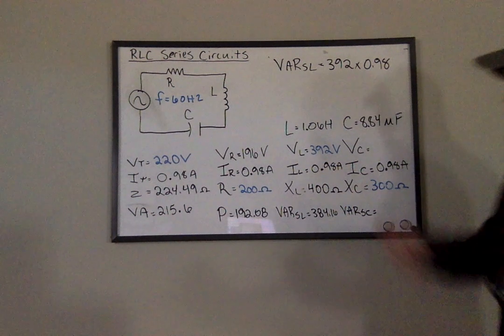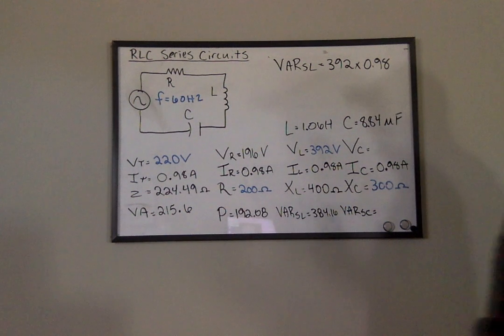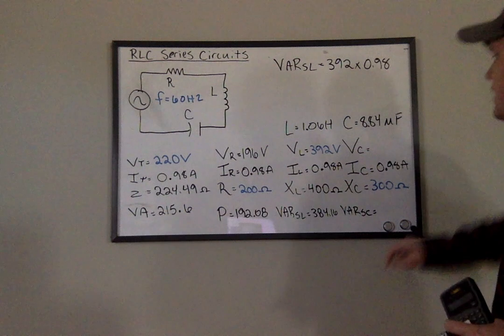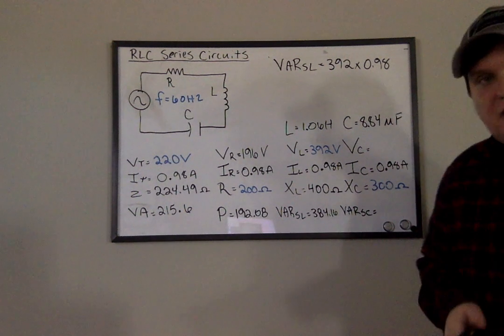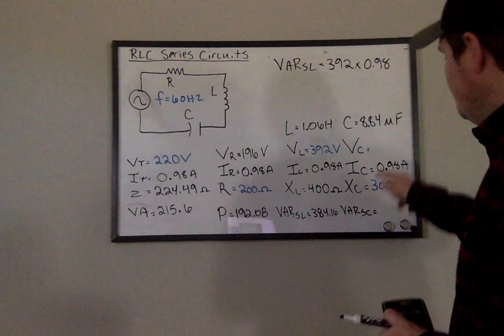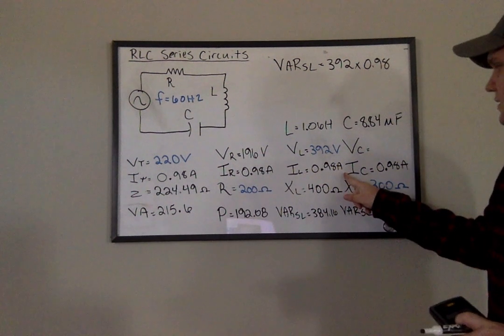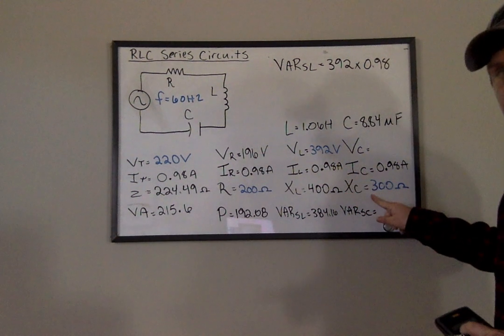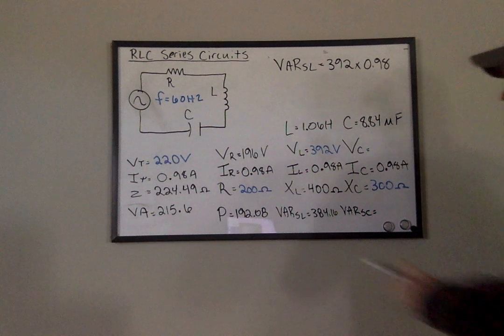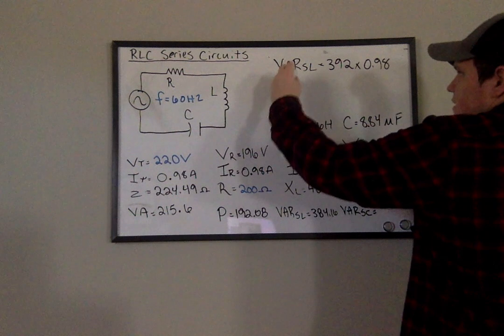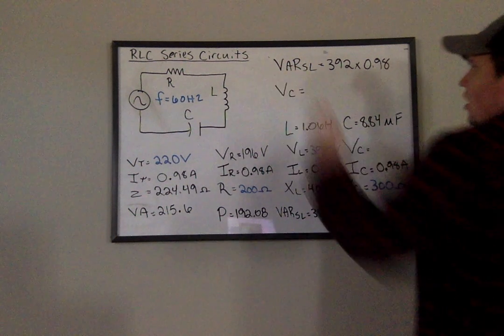All right, so now moving to the capacitors column. I have two missing values here: the voltage and the VARs. With the voltage, I have current and I have my ohms, the capacitive reactance. So in order to get voltage, VC is just your standard Ohm's Law.